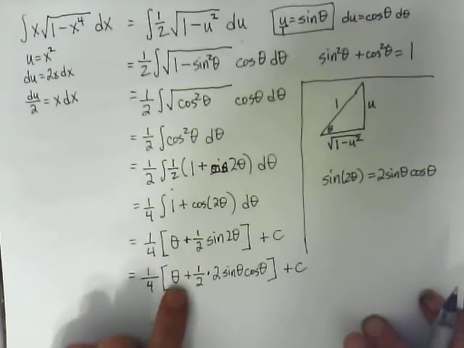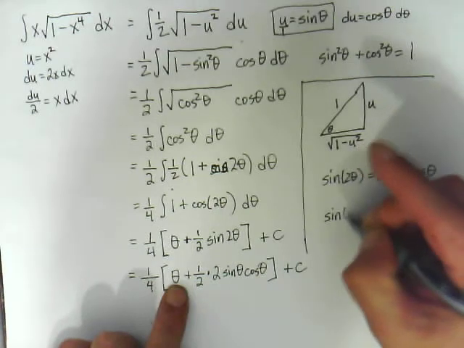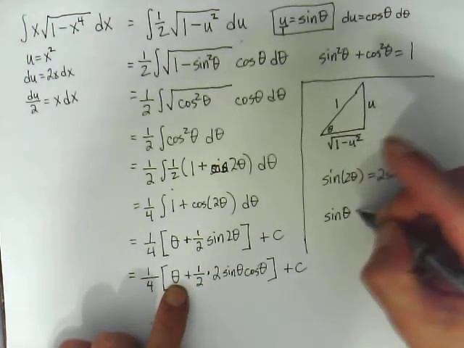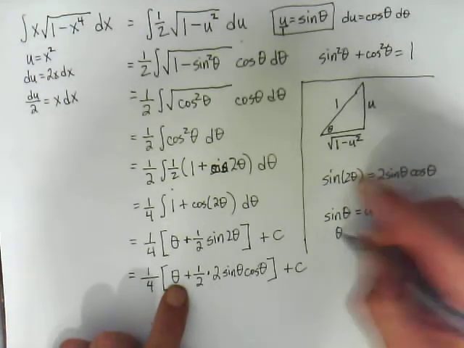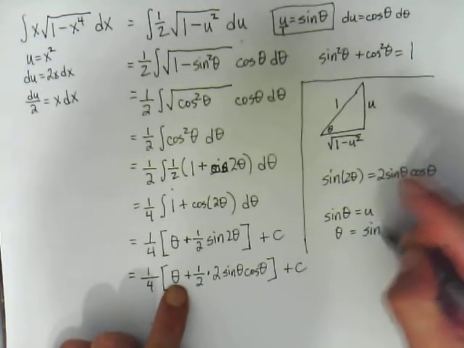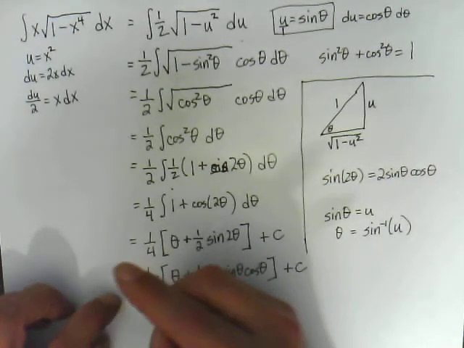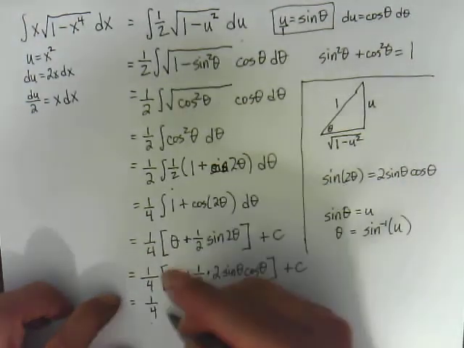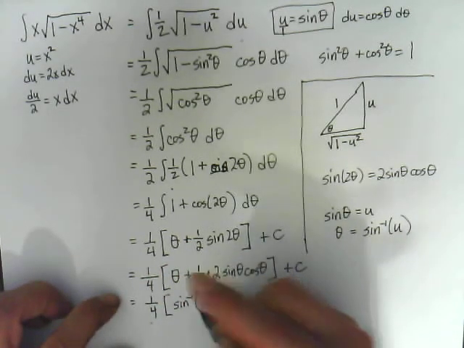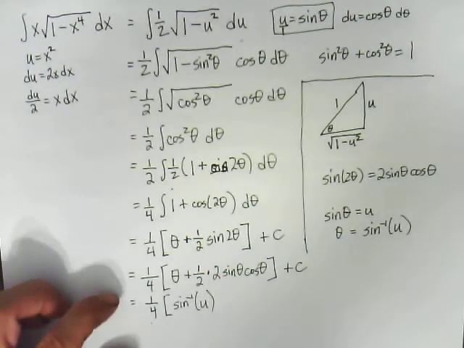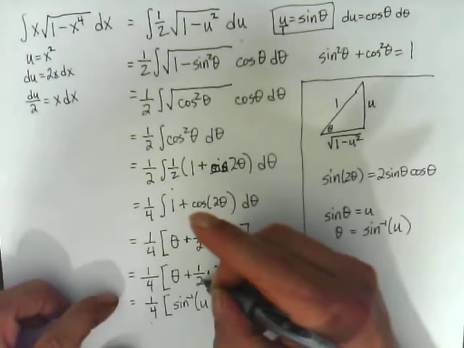Well, what's theta? If sine theta is u, that means theta is inverse sine u. So this is going to be 1/4 times the inverse sine of u, plus, now this 2 and this 1/2 are going to cancel out.